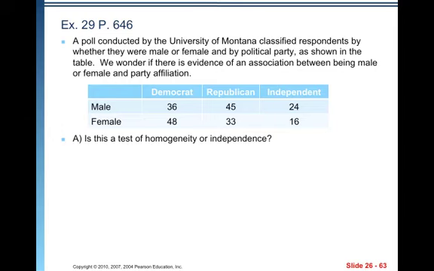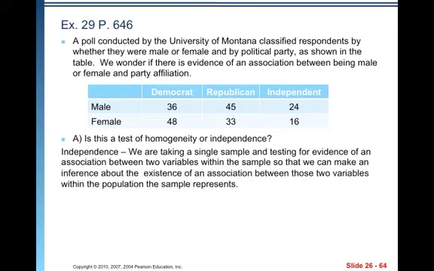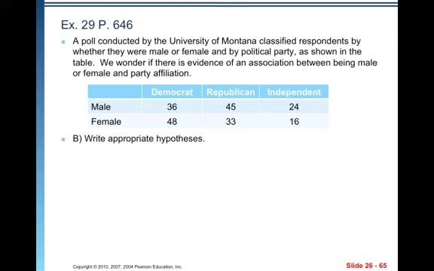So is this a test of homogeneity or independence? Independence. We are taking a single sample and testing for evidence of an association between two variables within the sample so that we can make an inference about the existence of an association between the two variables within the population the sample represents.